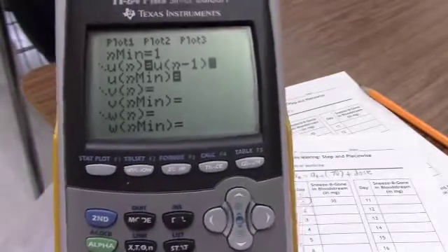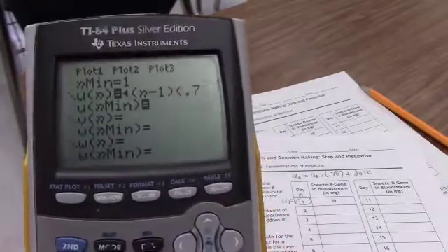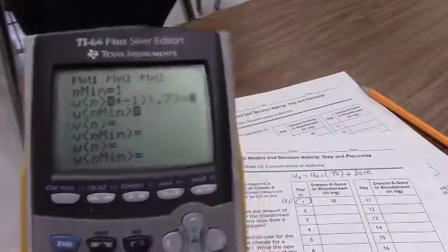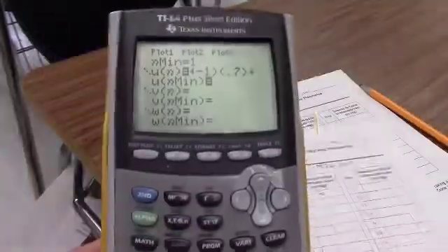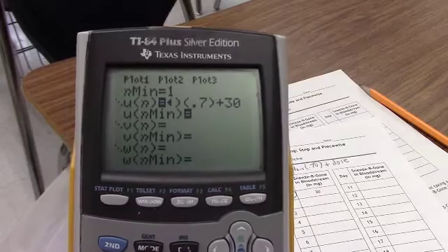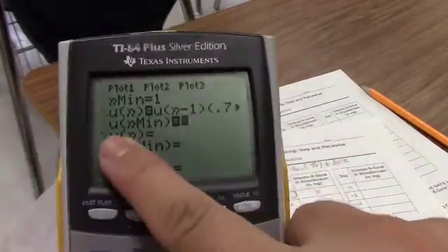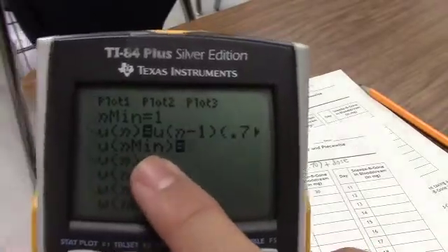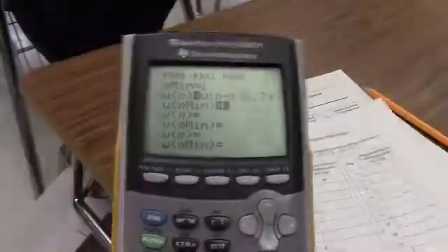Then go ahead and type in the rest: 0.7 plus our dosage. So our daily dosage is 30 milligrams. So every 24 hours we're taking 30 milligrams of this medicine. Push enter. Then we have right here where it says U sub minimum. Basically, that's where we're going to start. So that's basically U sub 1. And our U sub 1 right here is equal to 30. So I'm going to type in 30.